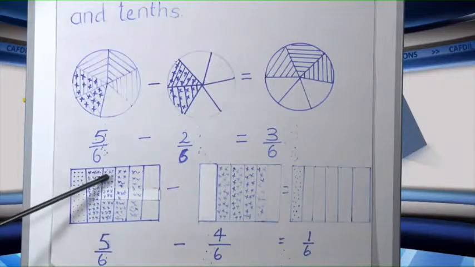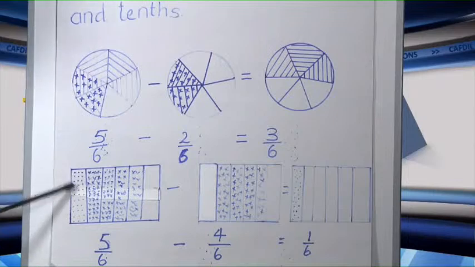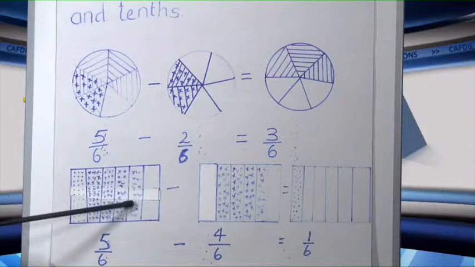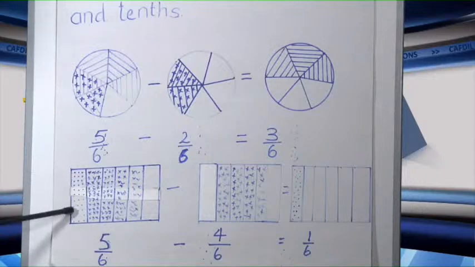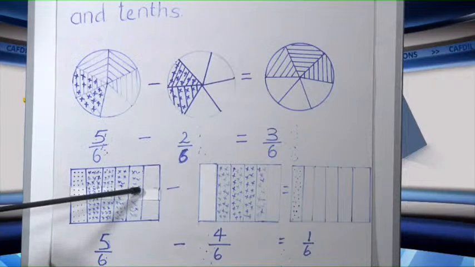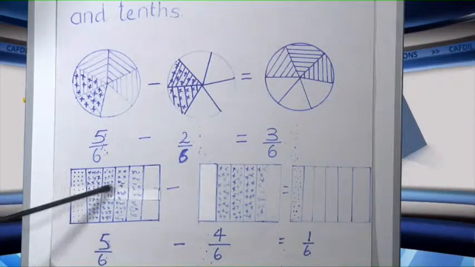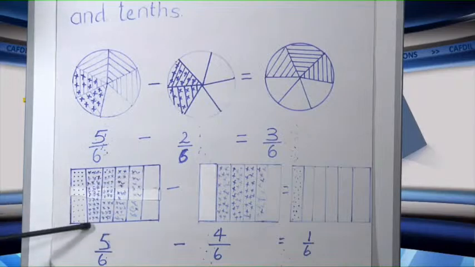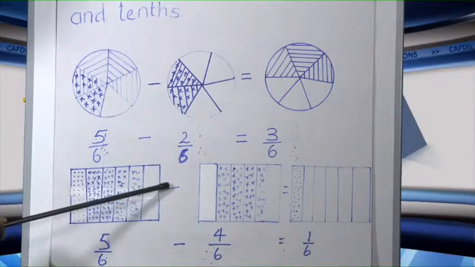Let's come back to the first rectangle. Look at this type of shading. What do you see? Yes, this is different, but the 4 of them have the same type of shading. You are right. But in all, we have 5 parts shaded out of 6 parts in all.